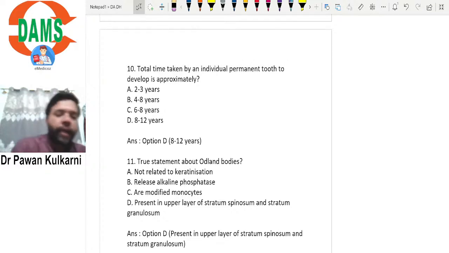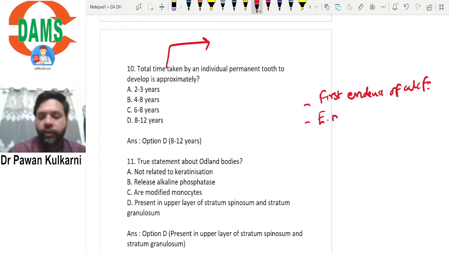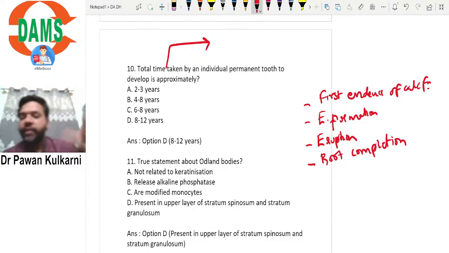Total time taken, I mean to say here, is first evidence of calcification, enamel formation, eruption, and root completion. These are the 4 things you should remember. For any tooth, there are 4 important stages: first evidence of calcification, enamel formation, eruption, and root completion.